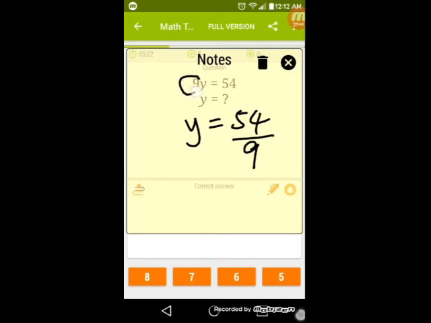So this 9 has gone over and has become divide by instead of times, right? 54 divided by 9 is what? So if you go to your 9 times table, 9 5s are 45, 9 6s are 54.